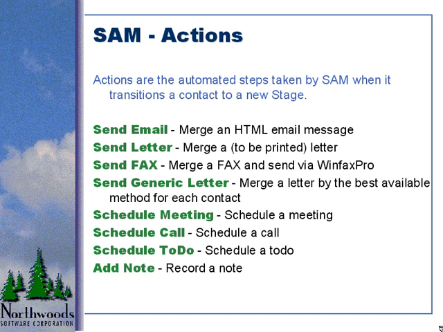And you set the priority. So if your priority is send an email, send a fax, send a letter, if you set it up to send a generic letter, it will email if there's an email address. Failing that, it will fax if there's a fax number, and failing that, it will print off the merged message to your printer so that you can mail it.